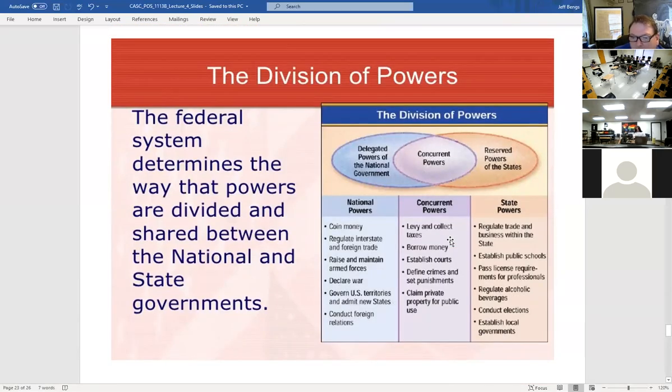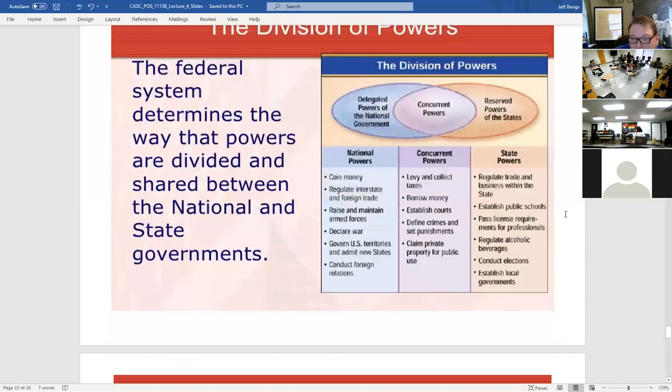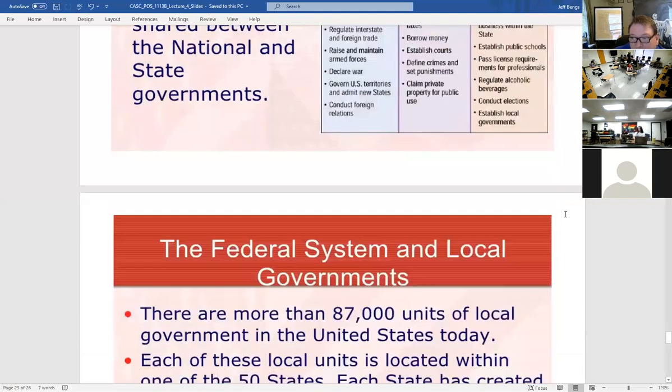But as the old 90s song says, I've got the power. Who's got the ultimate power when it comes to the division of powers in the federal government? And the answer is the federal government. We'll sing the song, I've got the power.